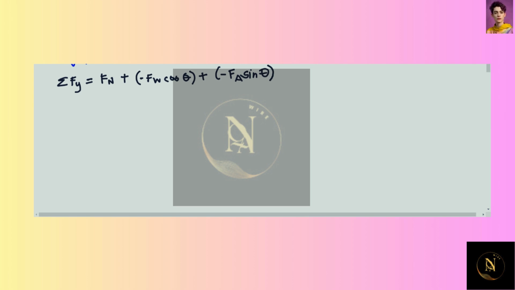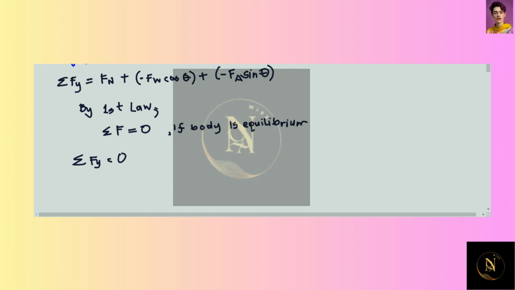Applying the first law of motion, it states that the net force acting on a system, or in this case an object, is equal to 0 if the body is in equilibrium. In this case, in the y-plane, the body is in equilibrium. Then, it's safe to assume that F sub y is also equal to 0.